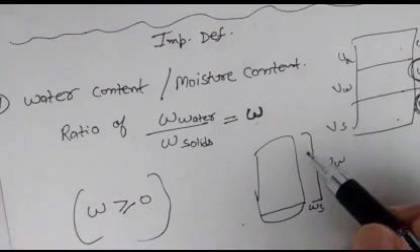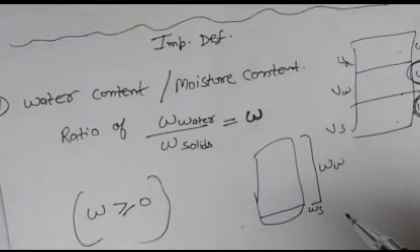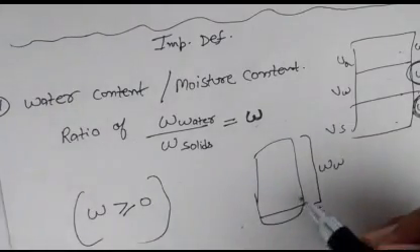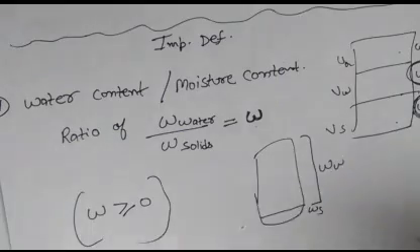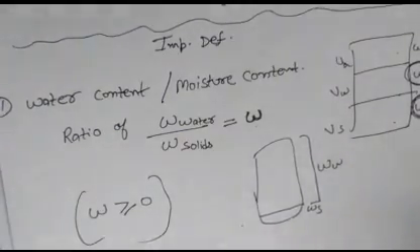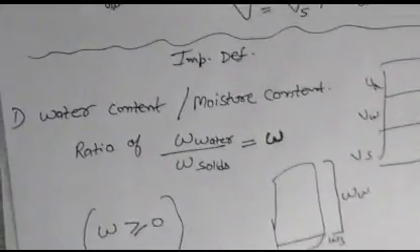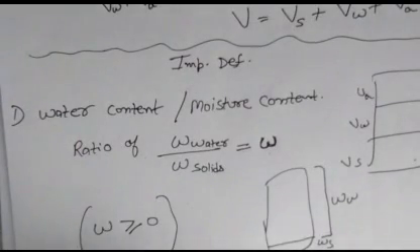It is equal to 0 when the soil is entirely dry and not having any water. And when soil has a lot of water, maybe more than W_s, we can't say that it has any upper limit. It can be 10, 20, 30, 40, even 500. Practically it is possible, but we don't consider that soil to be feasible for engineering functions.